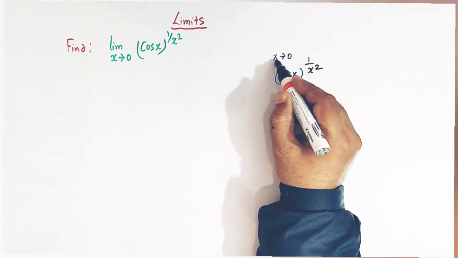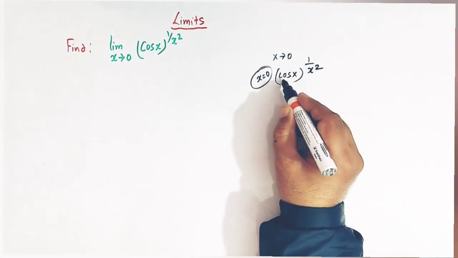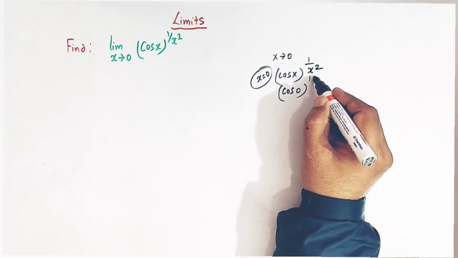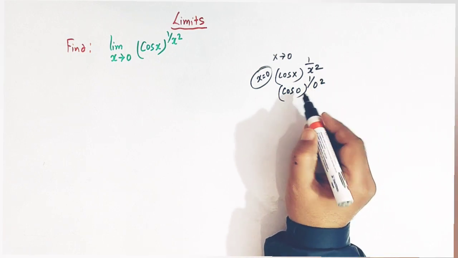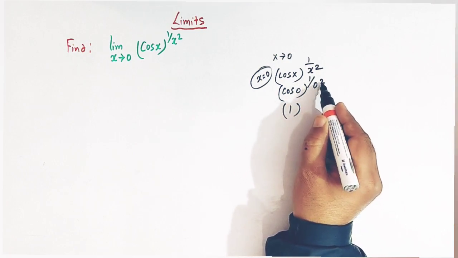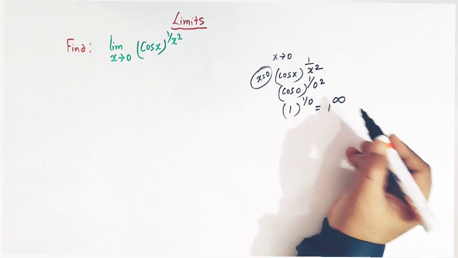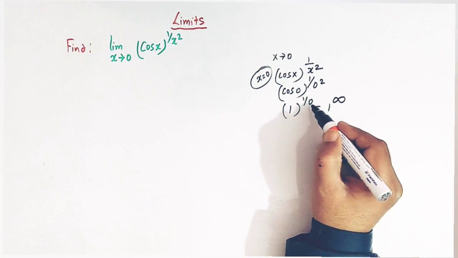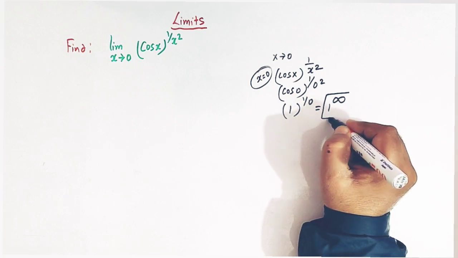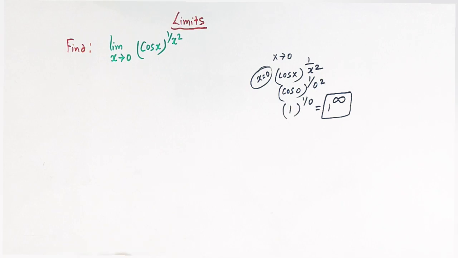So if we substitute x is equal to 0 in these two functions, what we will get, see, cos of 0, and here we have 1 divided by 0 square, and cosine of 0 is 1, and 1 over 0 square is 1 over 0, that is 1 raised to infinity, right? So 1 divided by 0 is not defined, so we have 1 raised to infinity, and this quantity is known as indeterminate form, right?